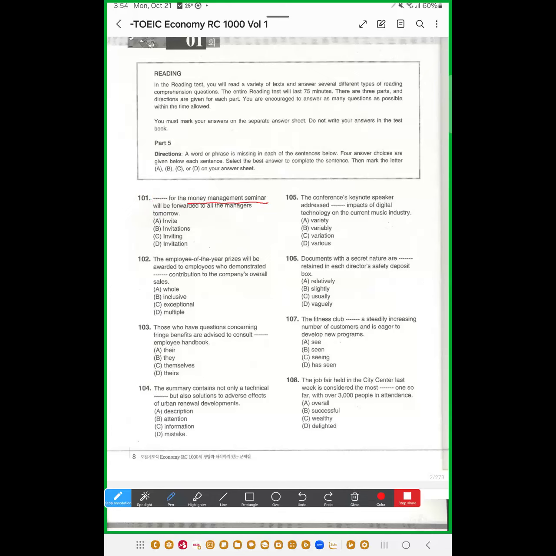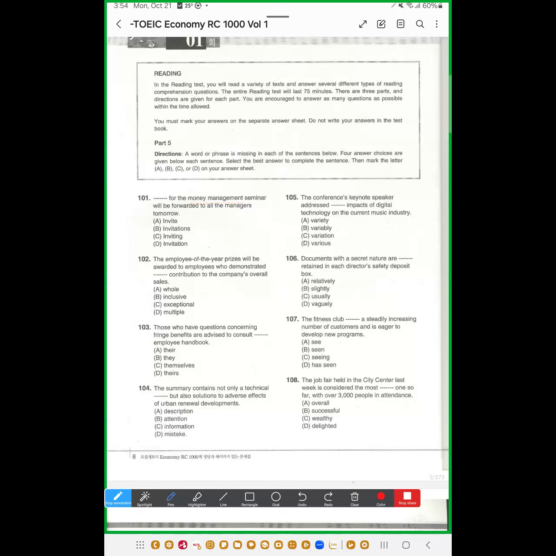I have invited many friends to come to this money management seminar. When I invite many friends to come to the money management seminar, I can say that, oh, I have lots of invitations. So this is the difference between plural noun and singular noun if you want to make a situation in speaking or in writing.